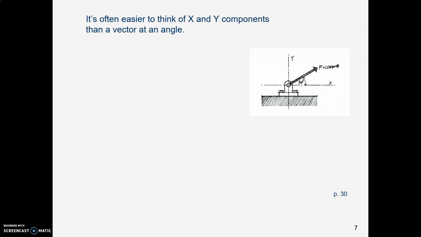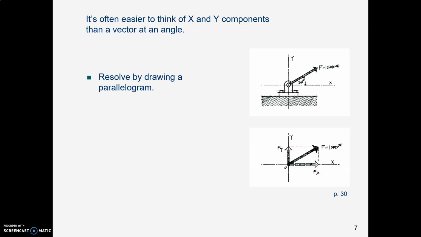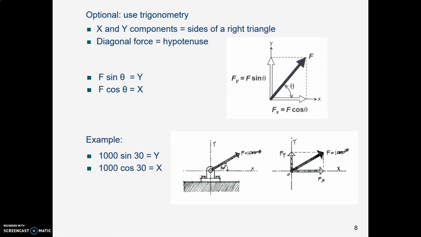So if you were looking at this force pulling at a 30-degree angle, it might be easier to think about the X and Y components of that force, and you would find them by drawing a parallelogram around that force. There you are. The horizontal side of that parallelogram is called the X component. The vertical side of that parallelogram is called the Y component.